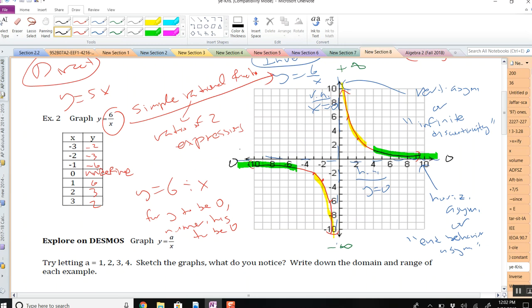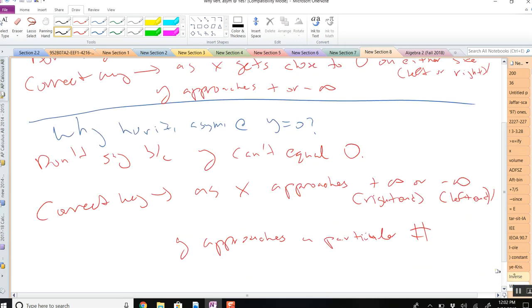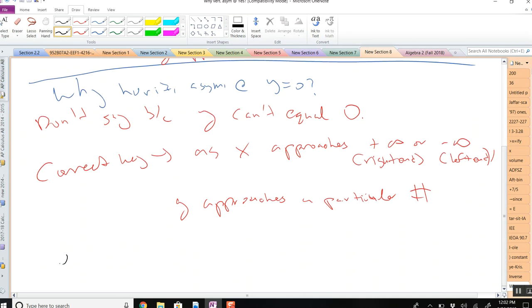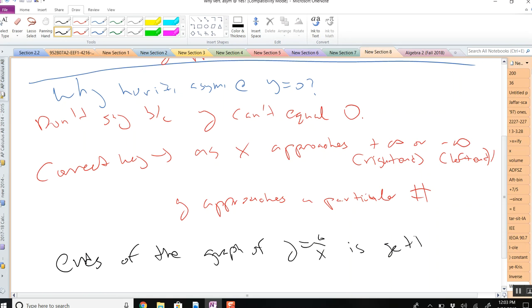So essentially, the ends of the graph of y equals 6 over x are getting closer to 0.